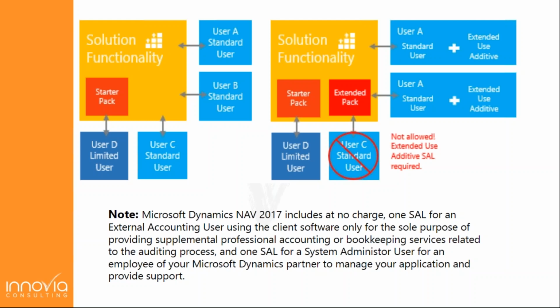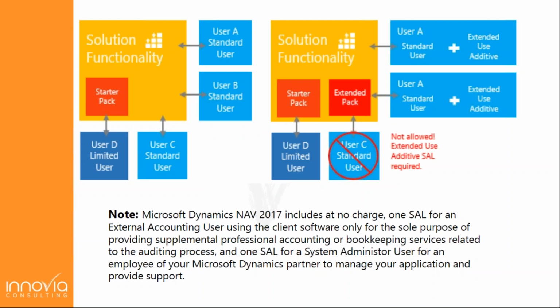Something to consider when doing user count is that NAV does include one subscription access license for an external accounting user, for the purpose of maybe you don't have a bookkeeper on staff, and so you're going to give access to that. And then you also get one subscription user account for a system administrator. So you don't have to say, okay, I need IT to have access to the system, so I'm going to have to buy a user for them.